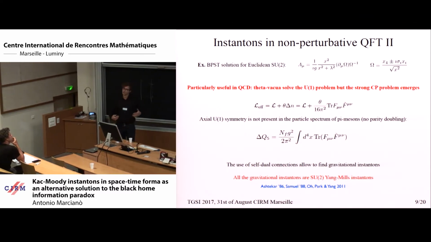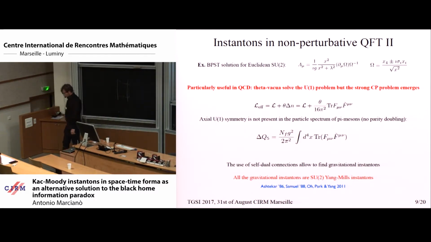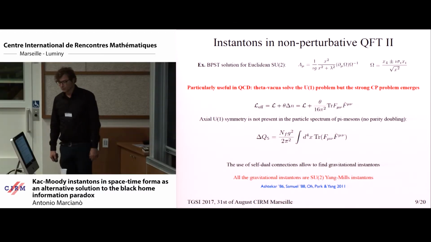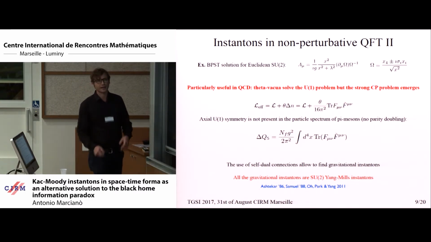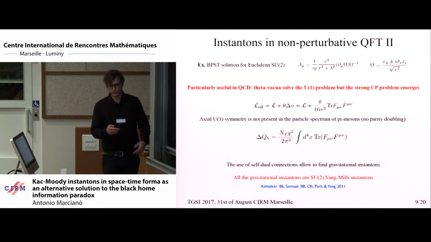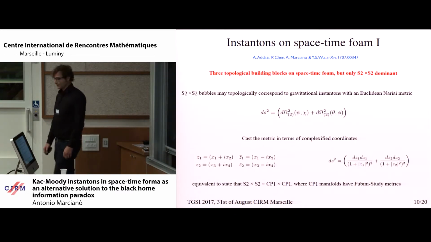So basically, you can do the same: you can recover these gravitational instantons also for gravity, for gravitational configurations. And SU(2) Ashtekar variables are exactly a way to do that.